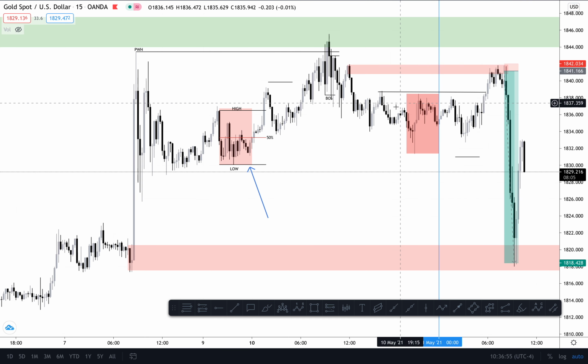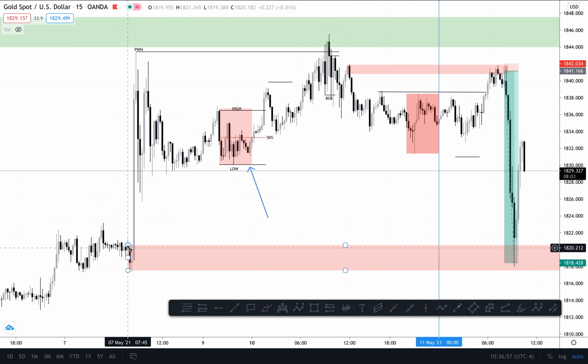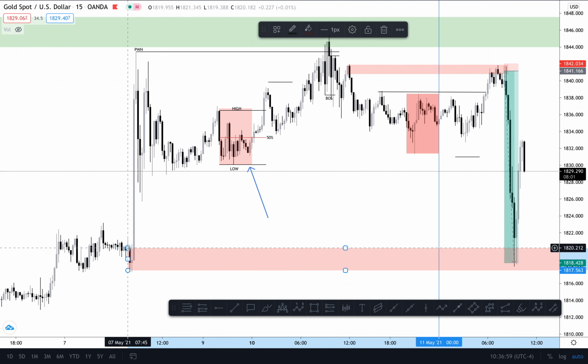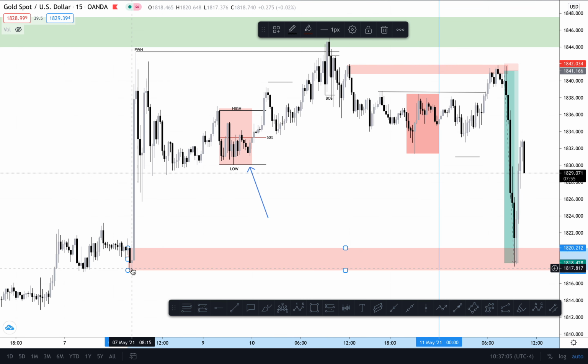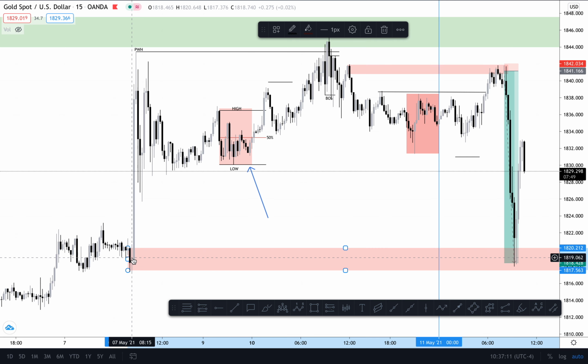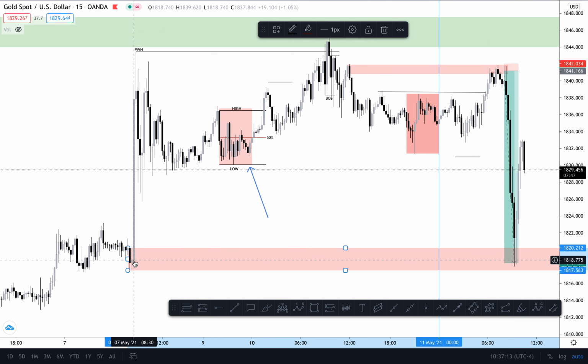But where is the target? My target was here, because what happened here was my main target where I'm going to focus. If I take the entry here, my main target is going to be here. Why this area? Because this was the last level where market bought. If you remember, guys, on the day of the NFP, market bought from this area.